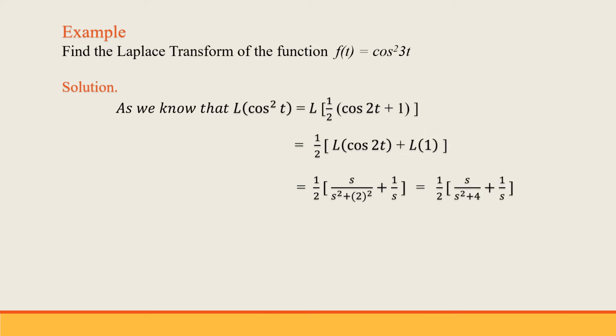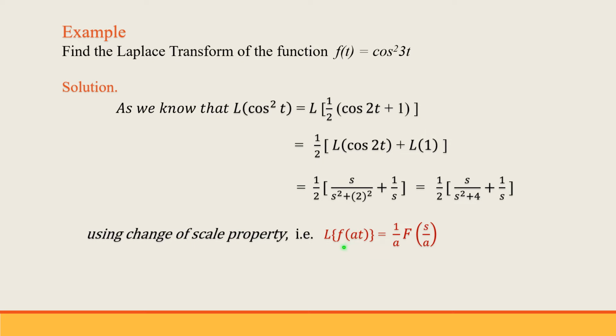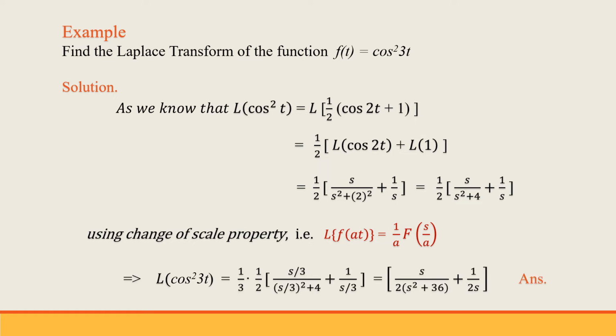Now we have to find the Laplace transform of cos square 3t. So apply the change of scale property, replace a by 3 in the function. We get the Laplace transform of cos square 3t as 1/3 into 1/2 into ((s/3) by (s/3) whole square plus 4 plus 1 by (s/3)).